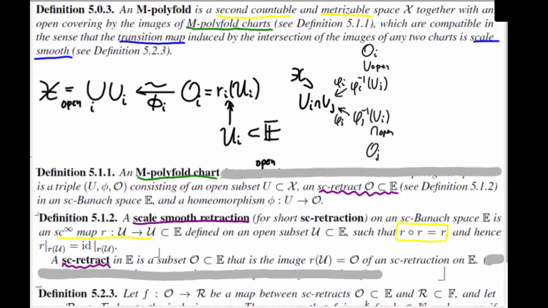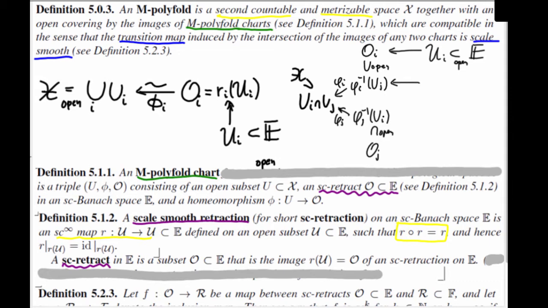Right. However, these sets are pretty weird, so there's no good way of saying there's any kind of smooth structure that gets preserved by the transition map. And so we're going to avail ourselves of the bigger ambient space. So this O_i here is the image of the open set Q_i in E. And, well, the preimage of this under R_i should also be open because R_i is scale smooth, in particular continuous.